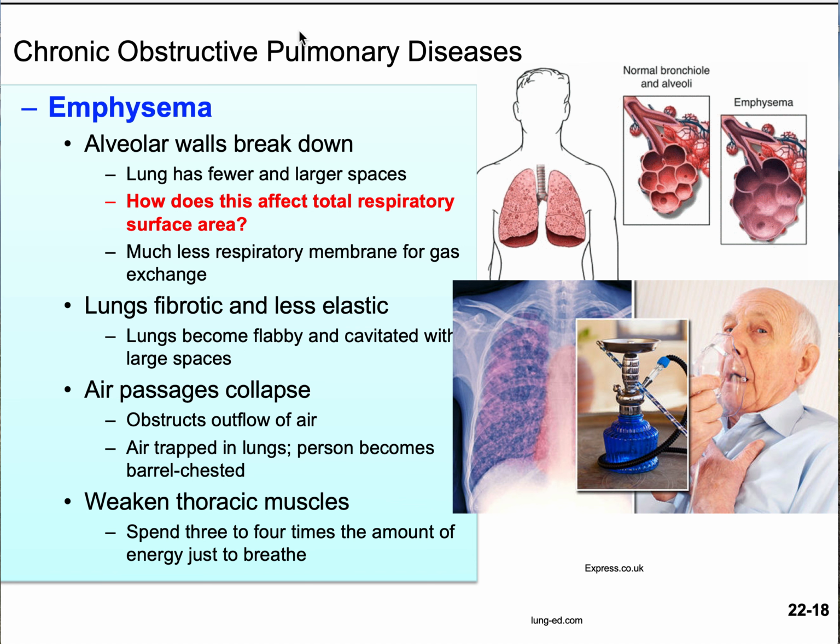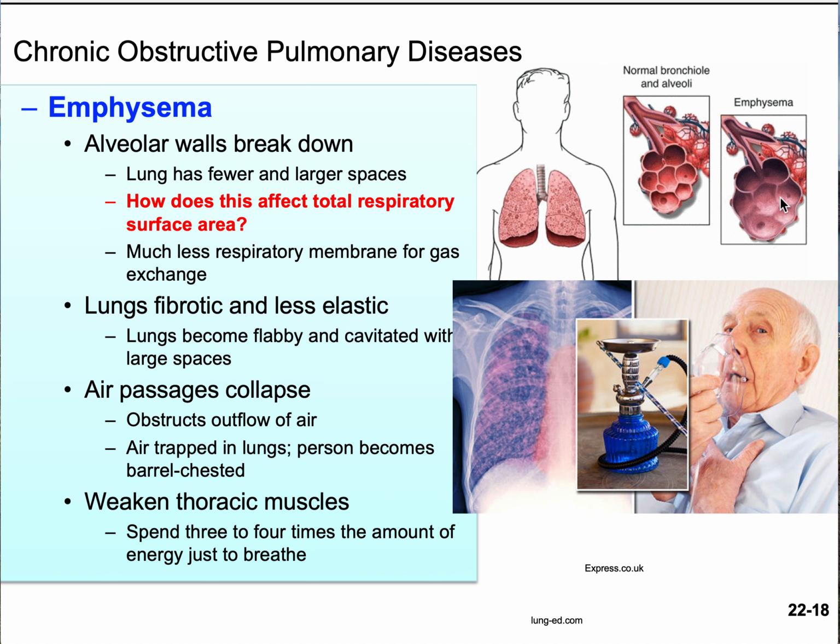Emphysema is another type of COPD. And in emphysema, it's not the bronchioles that are a problem, it's the alveoli. So look at this diagram. This is from the internet. You don't have this. Here is a nice, healthy set of alveoli with lots of compartments. Almost looks like a beehive here.